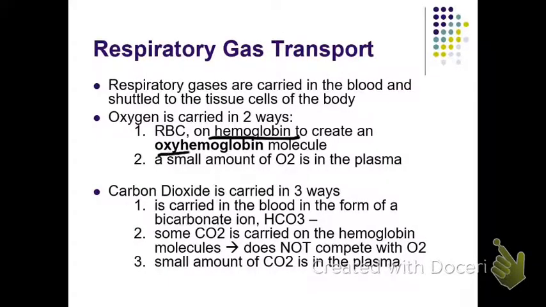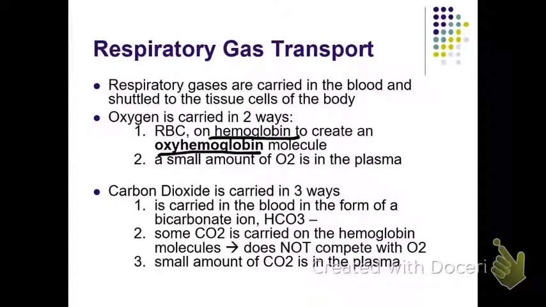And how that happens is that oxyhemoglobin forms when O2 molecules bind to hemoglobin. And so oxyhemoglobin refers to when oxygen is bound, and deoxyhemoglobin means when O2 is not bound to hemoglobin. And then there's only a small amount of oxygen that is just free floating within the plasma because hemoglobin has this high affinity for oxygen.